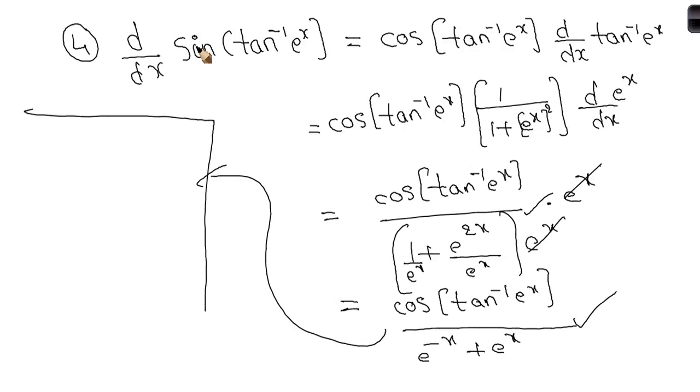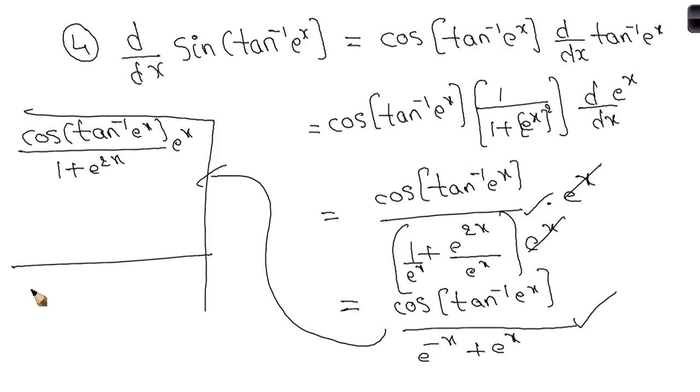And I got the answer as cos of tan inverse of e^x upon (1 plus e^(2x)) into e^x. You can take e^(2x) common in the denominator. So if I take e^(2x) common, this becomes e^(2x) into (e^(-2x) plus 1), and in the numerator I have e^x into cos of tan inverse of e^x.